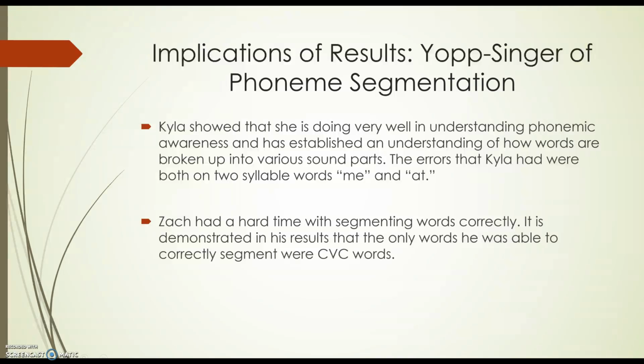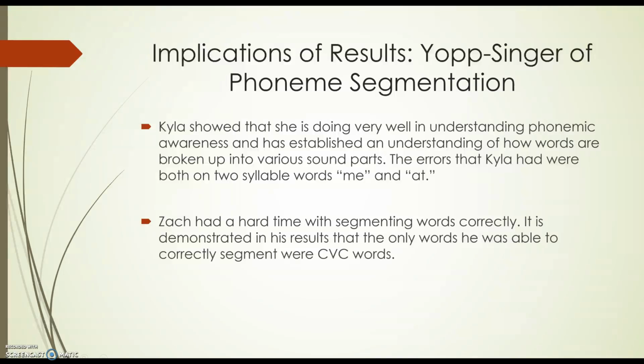For Zach, he had a hard time with segmenting words correctly. It is demonstrated in his results that the only words that he was able to correctly segment were CVC words such as cat, hat, pig. During the assessment, Zach was trying to see words visually, and some of his errors were due to him knowing how many letters were in a given word, such as find and keep.